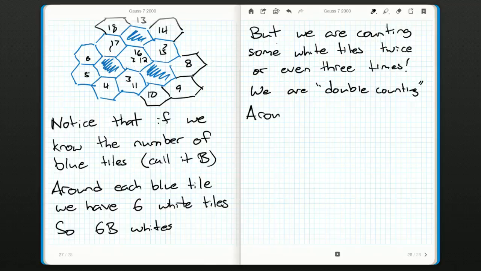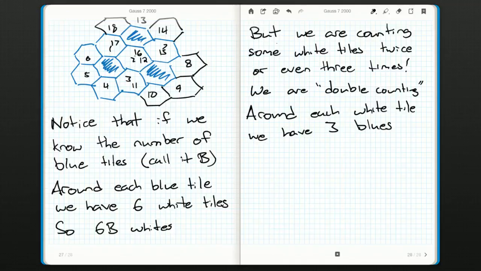The other fact we know is around each white tile, we have 3 blues. And we also have 3 whites, but we're not going to do that. We're not using the whites to count the whites. We're using the blues to count the whites. We just want to know how many times each tile is going to be counted.